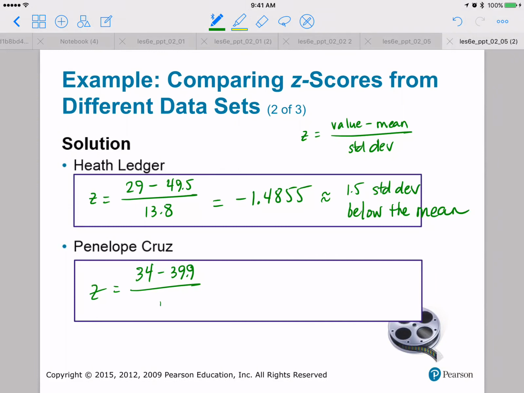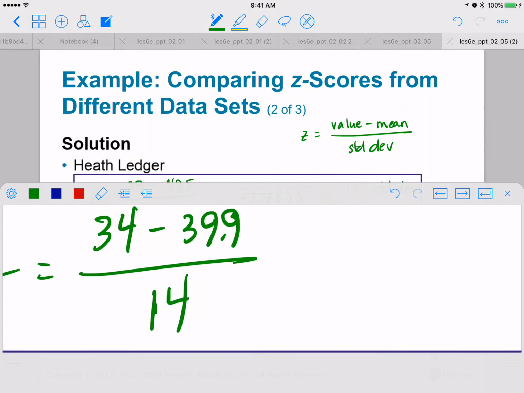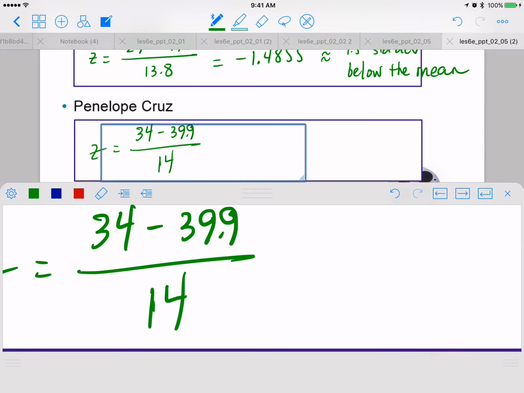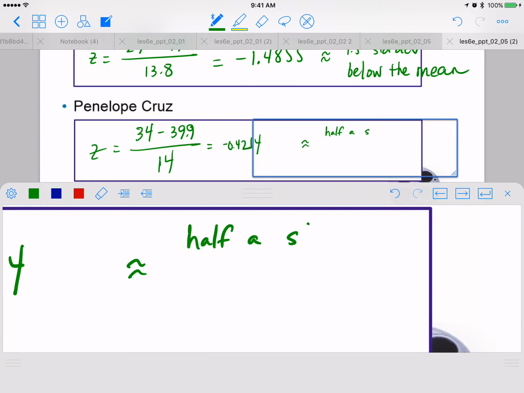So we need 34 minus 39.9 divided by 14, which is equal to negative 0.4214. Okay, so we would say that this is about half a standard deviation below the mean.